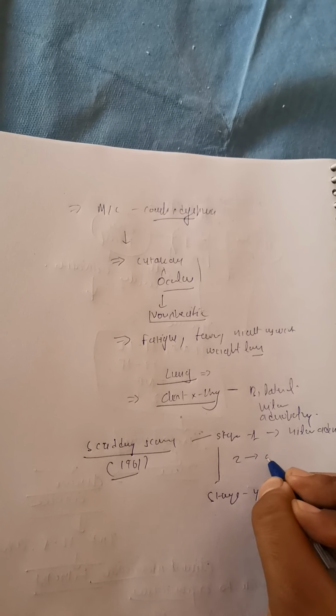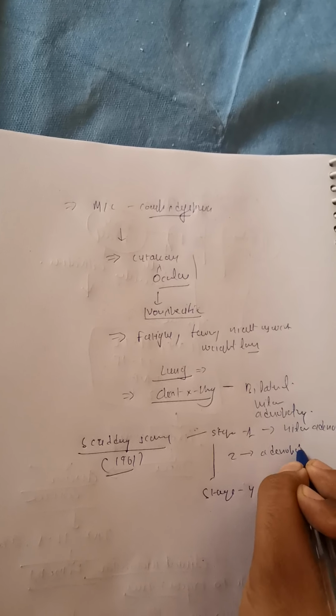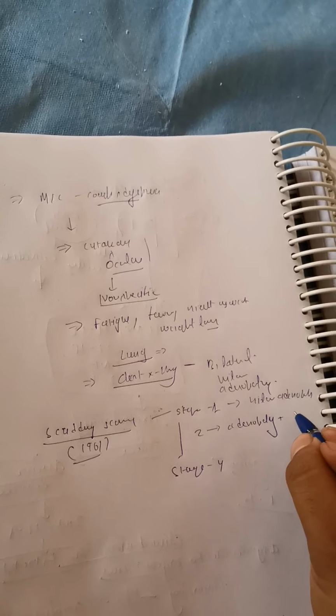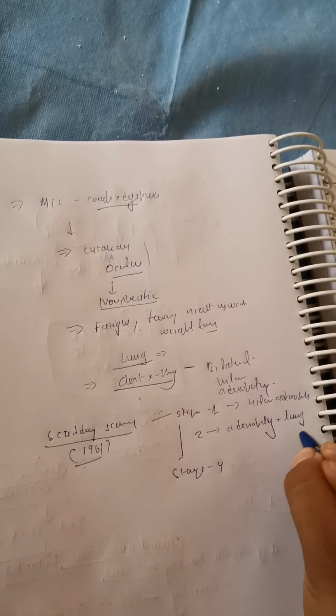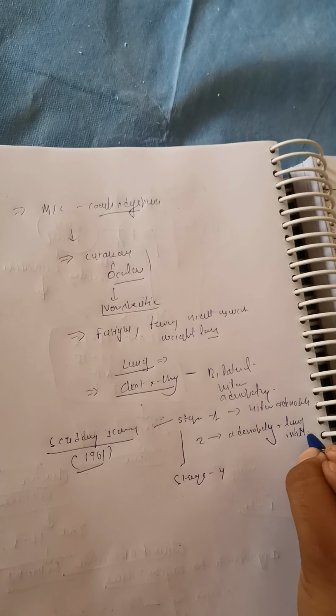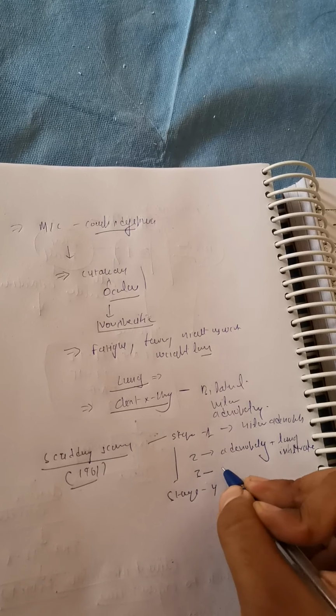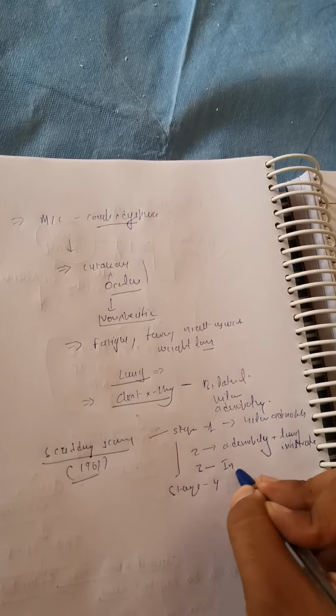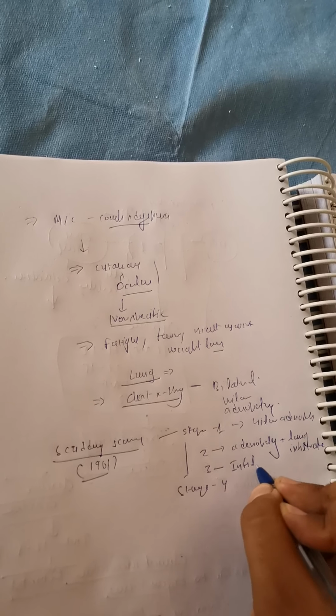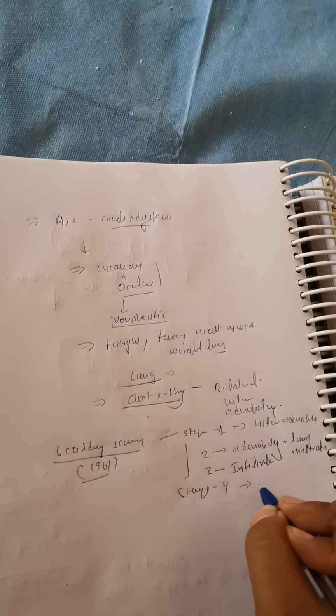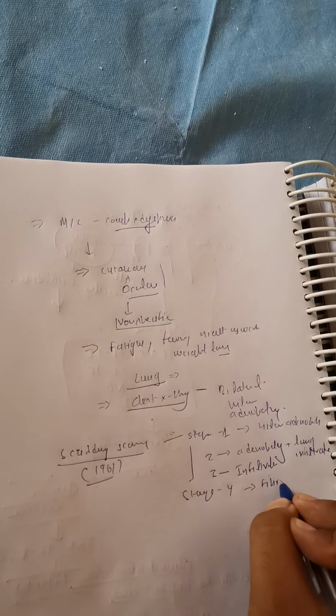Stage 2 includes adenopathy plus lung infiltrate. Stage 3 includes infiltrate alone, and stage 4 includes fibrosis.